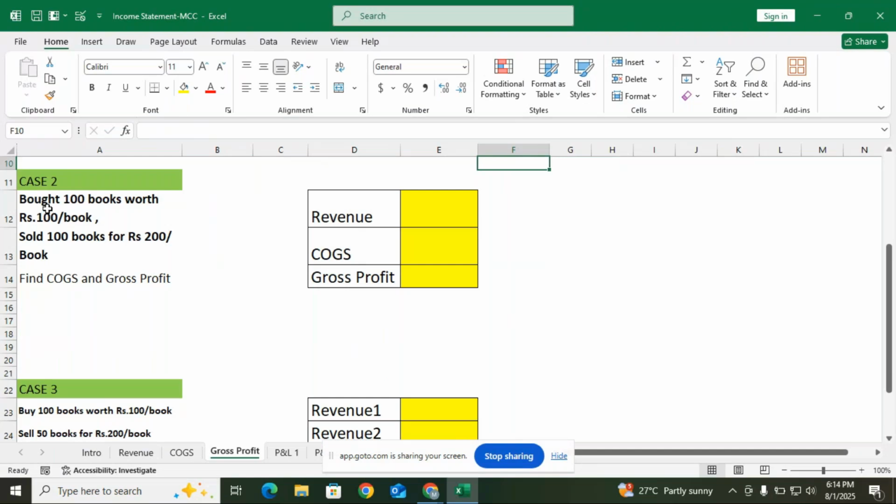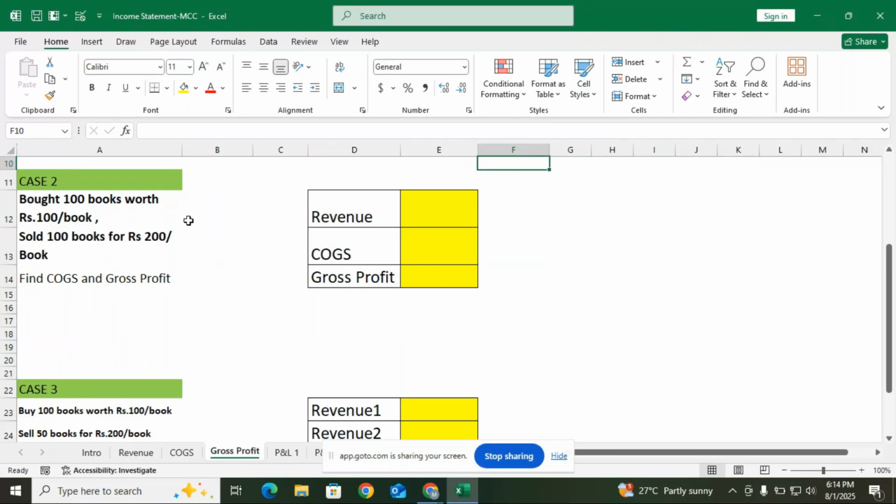Bought 100 books worth 100 per book, sold 100 books for rupees 200 per book. So find the COGS and the gross profit. To carefully understand, total books bought are 100 books, and all the 100 books were sold.